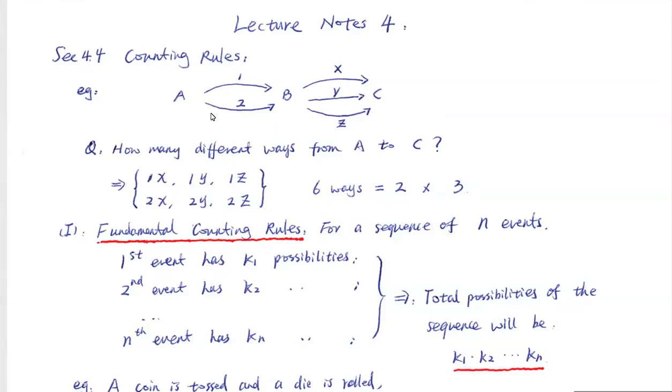Say we have from point A to point B, there are two ways, right? You can understand that's like from Los Angeles to Irvine, for example. There are two choices: you can go freeway number 5 or freeway 4 or 5.